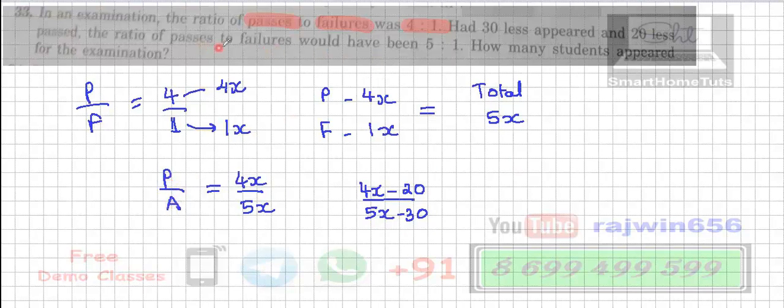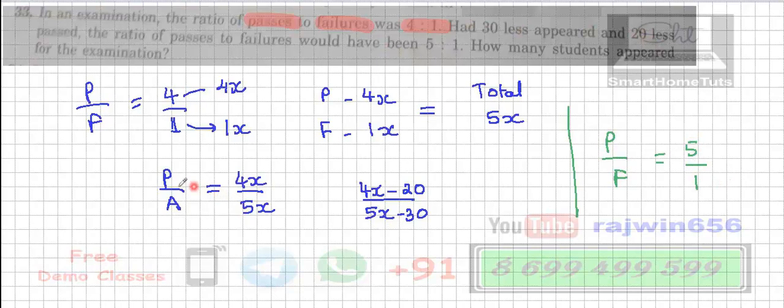Okay, but what they have given over here is passes and failures, the ratio will be 5:1. So I will have to rework this out. Okay, this ratio which is there is pass upon appeared. This ratio that they have given, if this is the second condition that is applied, then pass upon failure, this ratio is 5:1.